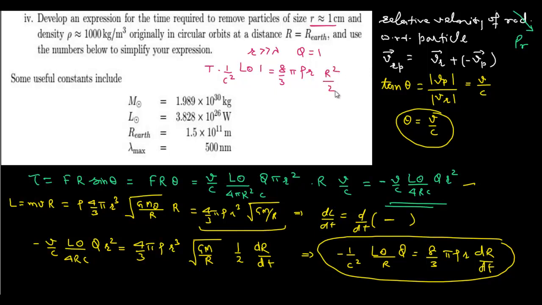Clear? And finally the expression for the time t is 4 by 3 pi c square divided by L into rho r into capital R square, and substituting the values of these quantities, finally we will get this t approximately 7 into 10 raised to power 6 years.